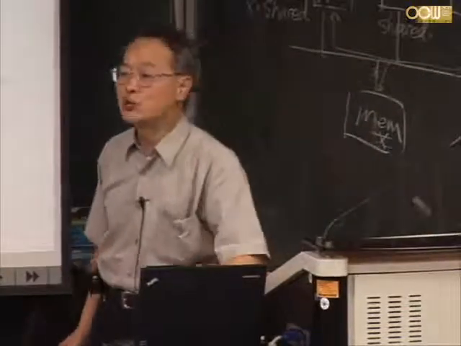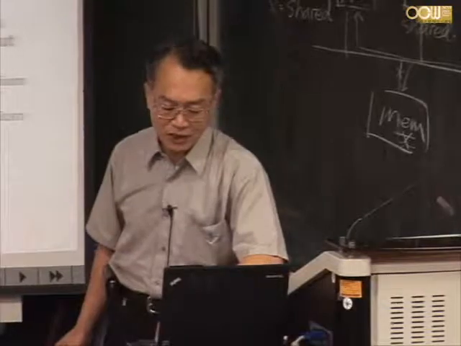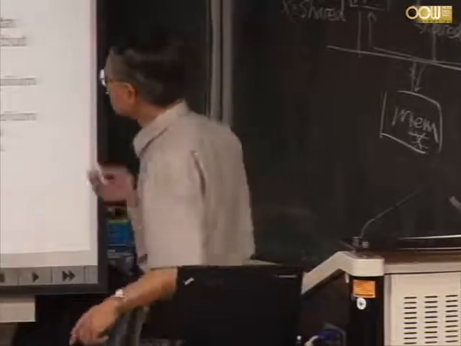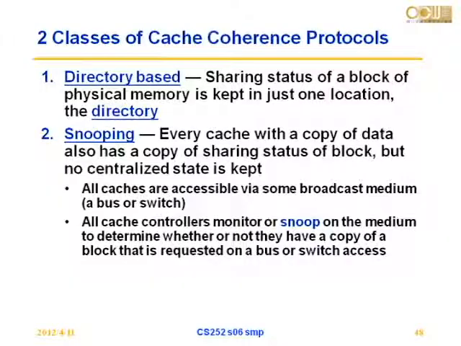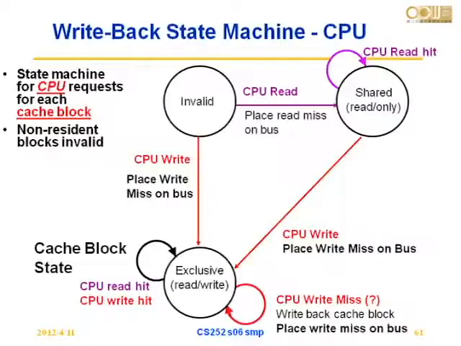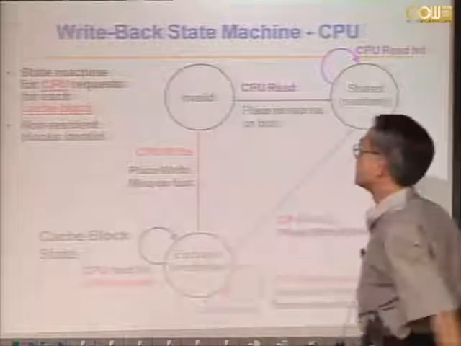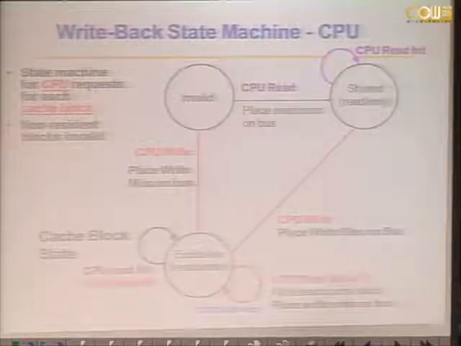Okay, so that's the Snoopy type coherence protocol. Let's skip this. I'll come back to it later. Let's see the protocol. Okay, this is the protocol. It uses the write back, the most preferred write policy these days.